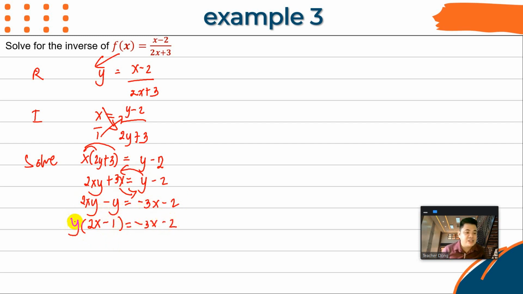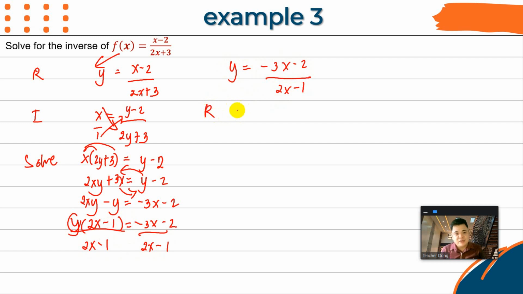And then the next thing is, to isolate y, you have to divide both sides by 2x minus 1. We cannot simplify this anymore, therefore the value of y, or the inverse, is negative 3x minus 2 over 2x minus 1. And then after that, we will rewrite. So we will have now inverse of f of x equals negative 3x minus 2 over 2x minus 1.